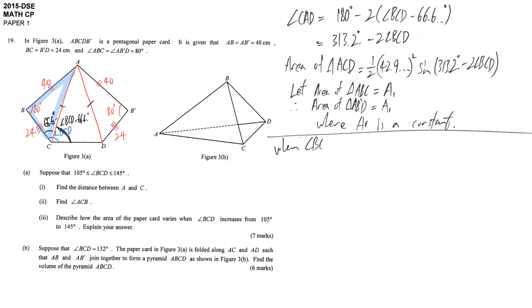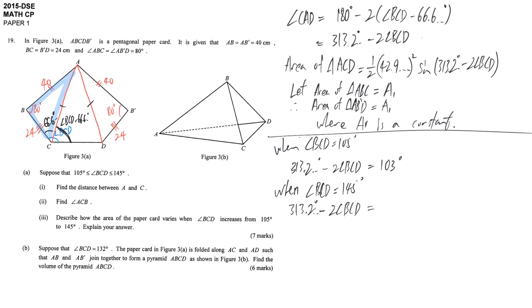When angle BCD is equal to 105 degrees, our target angle is equal to 103 degrees, correct to three significant figures. And then for the upper bound, when angle BCD is equal to 145 degrees, our target angle will become 23.2 degrees, correct to three significant figures.